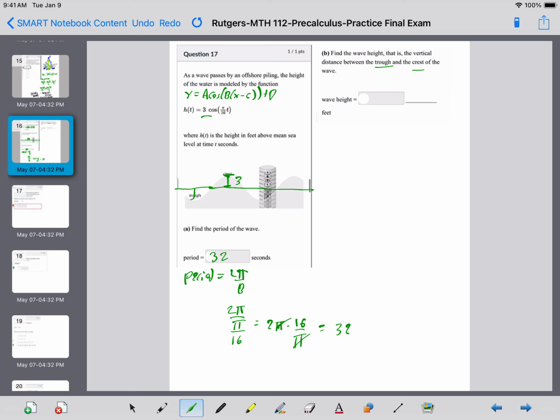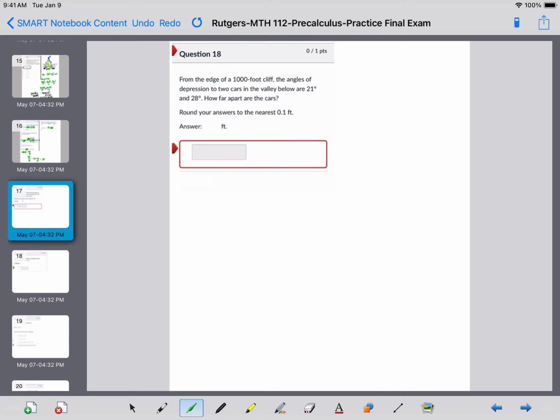So that's 3, and that's 3. So together, the vertical distance would be 6. So 6 feet. That's question 17. Question 18. You have a 1,000 foot cliff.